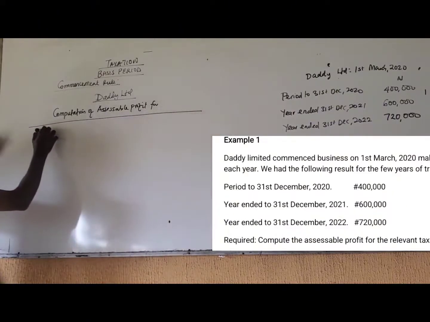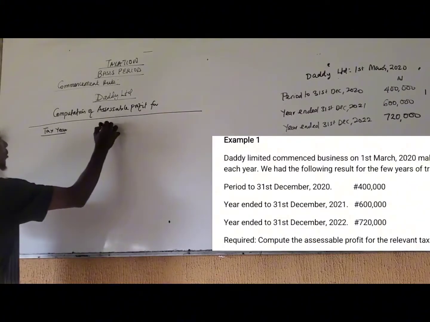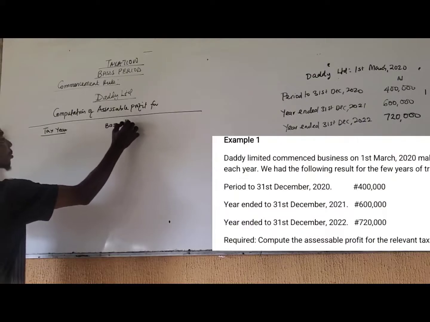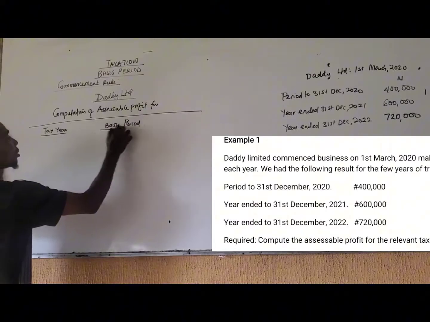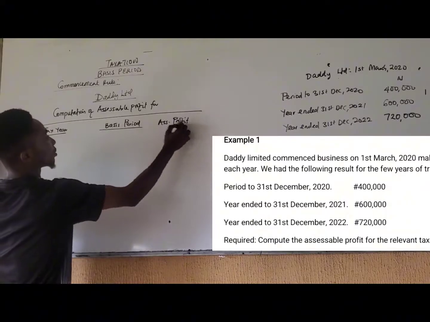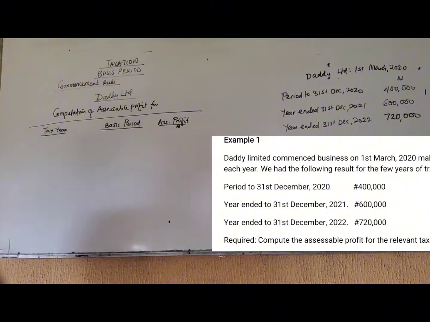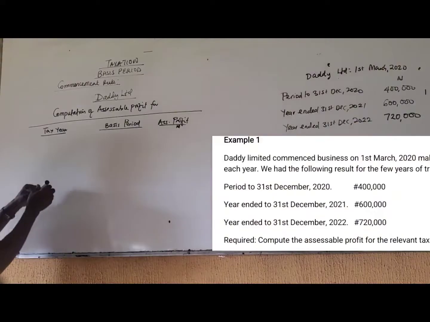So we have the tax year, basis period, and assessable profits. All right. Now for the first year, we'll assess the business.